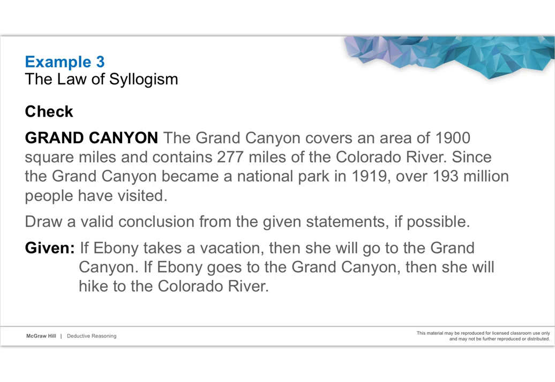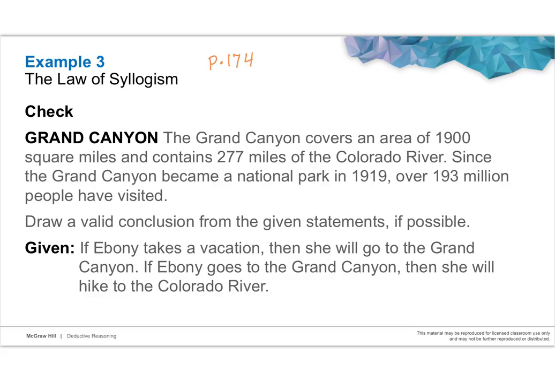Now with our final check on page 174, we're asked to use the law of syllogism to draw a valid conclusion if possible. Our given statements are: if Ebony takes a vacation, then she will go to the Grand Canyon. And if Ebony goes to the Grand Canyon, then she will hike to the Colorado River.